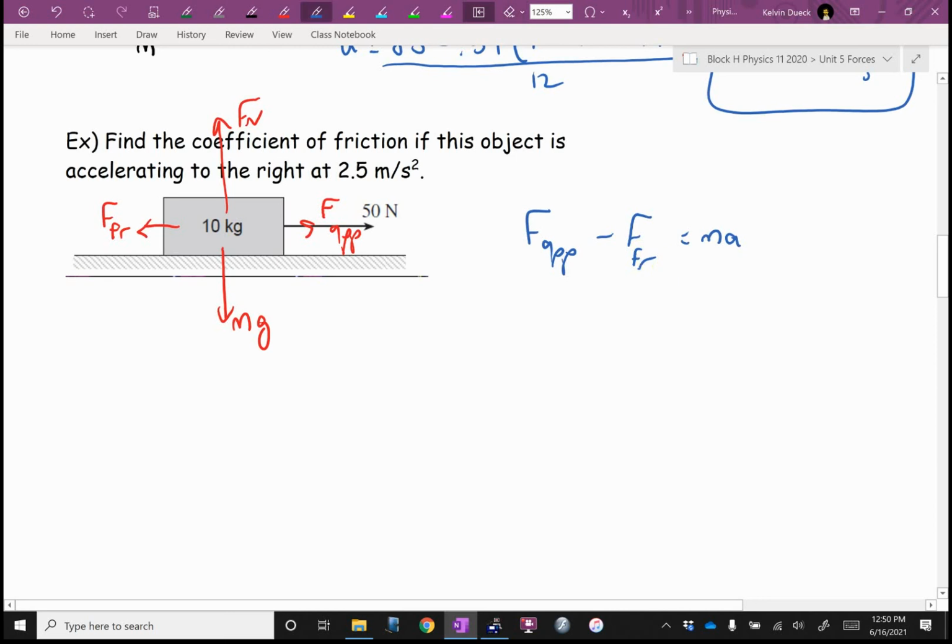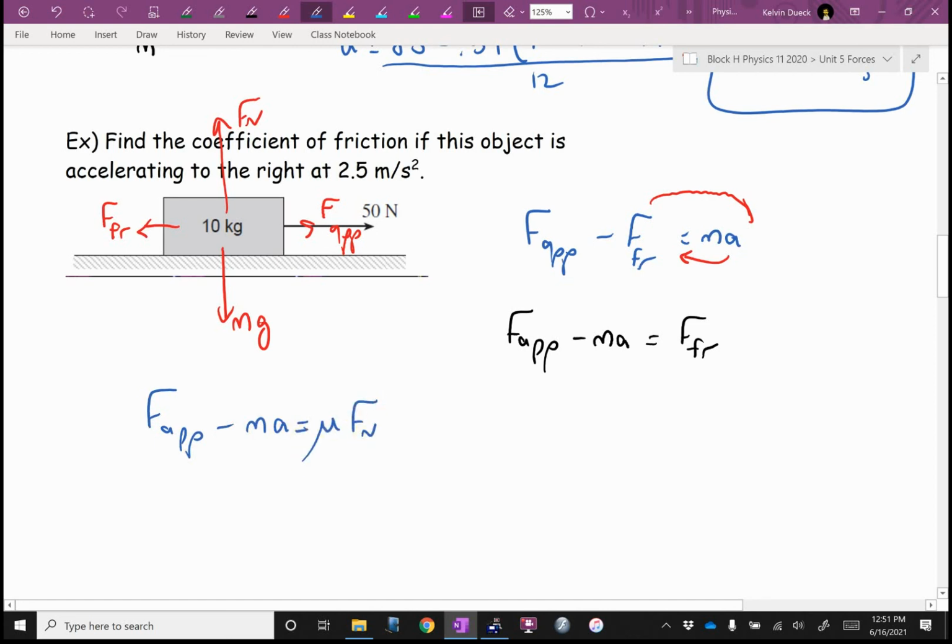What's right in front of friction that I don't like? Swappy dance. Plus the friction there, minus the ma there. And I'll get F applied minus ma equals friction. Now what? Friction is what times what? So F applied minus ma equals mu Fn.